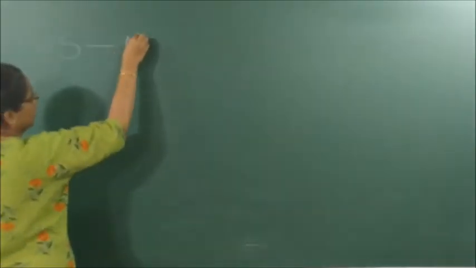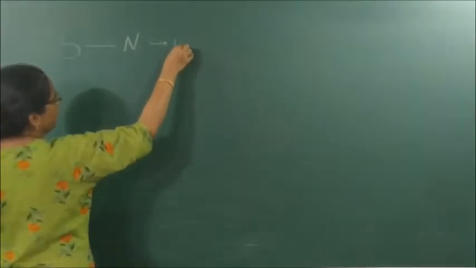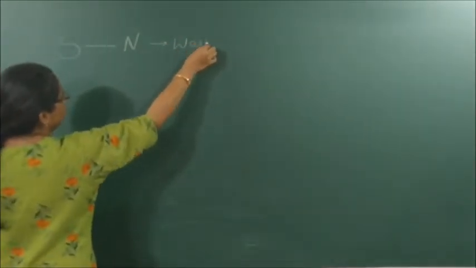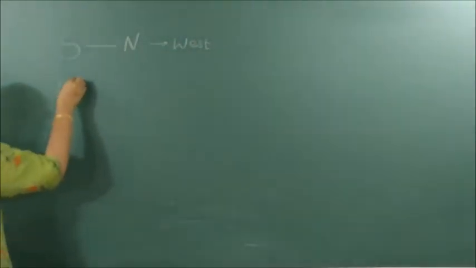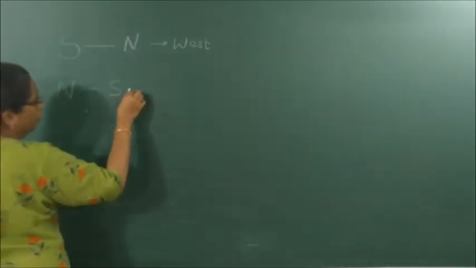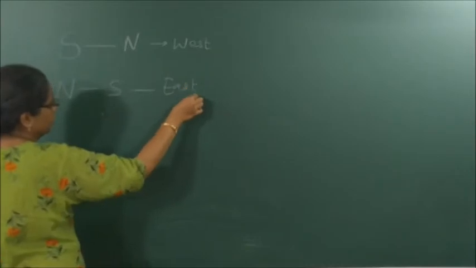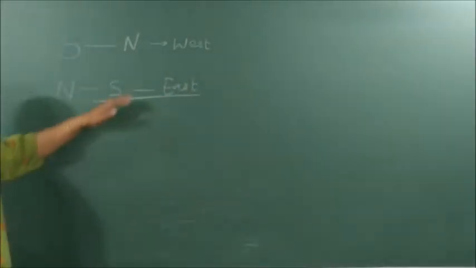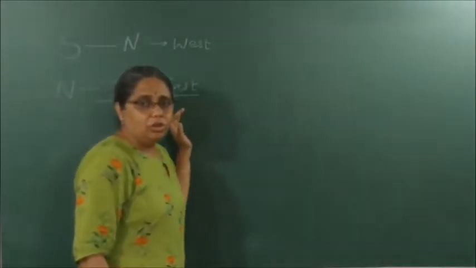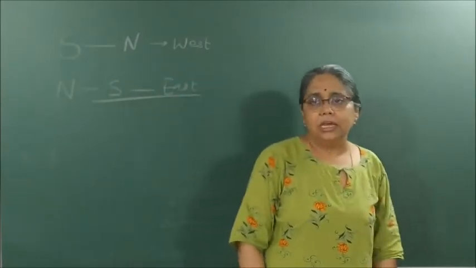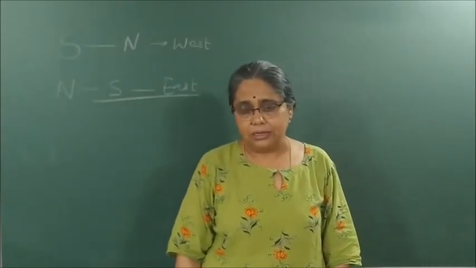Snow rule, which states when the current flows from south to north over the needle, the deflection of the needle is towards west. When the current flows from north to south over the needle, the deflection of the compass needle is towards east. So this basically tells you the direction of magnetic field in a current carrying conductor.